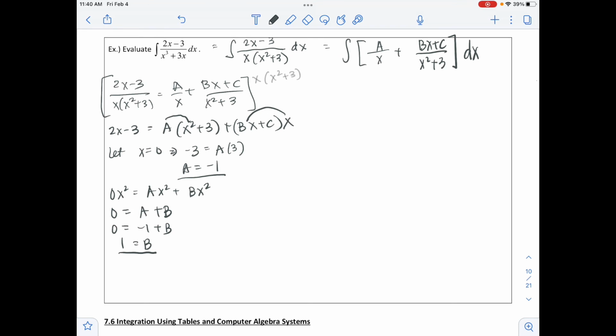Now we need to determine C, and it looks like C has an x with it, and that's it. So I noticed on the left side I have 2x, and on the right side the only term that has an x would be Cx.